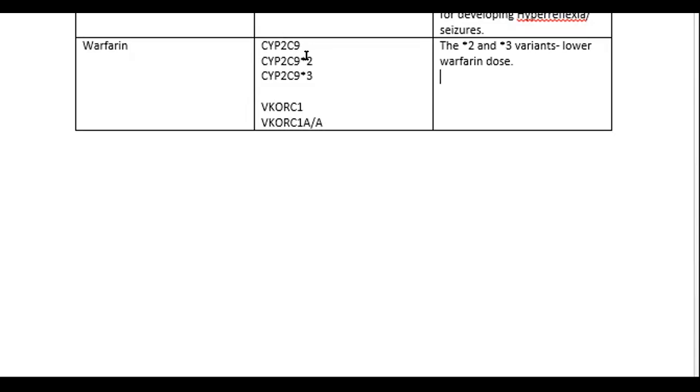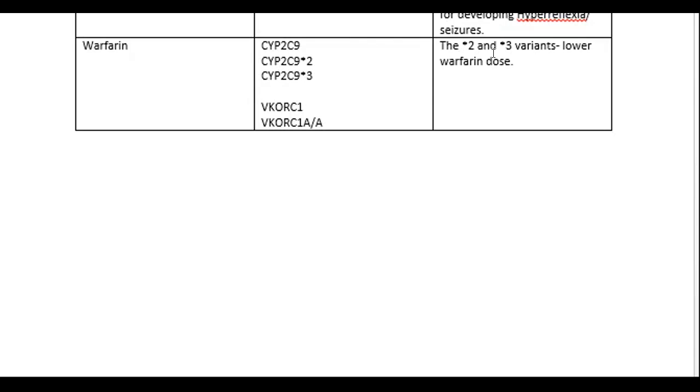The main ADR if the warfarin concentration is increased in the blood is bleeding. So in order to prevent this, if the patient is a slow metabolizer, mainly for the variants CYP2C9 star 2 and CYP2C9 star 3, how can we treat this? We can treat it by giving a low dose of warfarin.